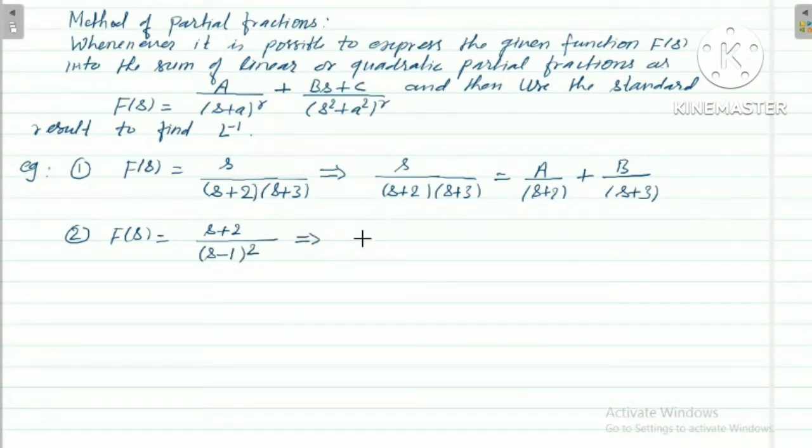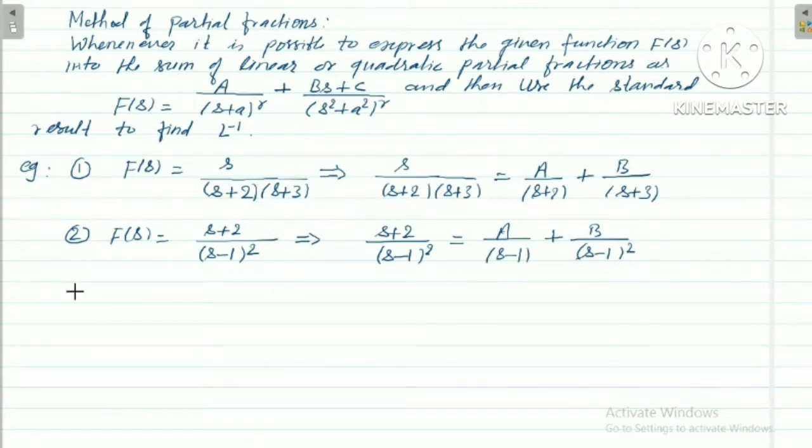So this is expressible as a upon this factor s minus 1, and plus b upon (s minus 1) whole square. Suppose there is power 3, तो एक फैक्टर यहाँ पे और आ जाएगा, so that is c upon (s minus 1) का पावर 3, एक फैक्टर और आएगा, तो ऐसे बढ़ता जाएगा, पहले 1, 2 and 3 इस तरह से. Okay, this is the linear form factor.